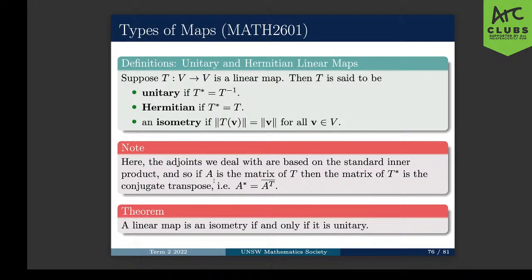In this case, the adjoint of T is just represented by the conjugate transpose. So if A is the matrix of T, then the matrix of T star is just the conjugate transpose. You can just assume that. And we also have a theorem here. Being unitary and being an isometry are equivalent. So a linear map is an isometry if and only if it's unitary. These two are just the same thing.